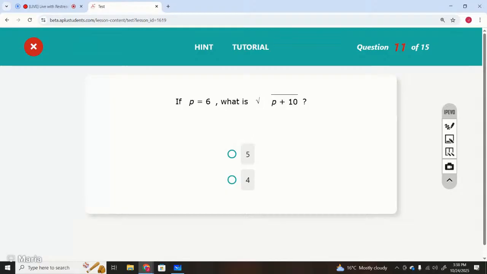That is square root of 16. So option number 2 is the correct option. 4 it is. Option number 1 is the correct option. 8 it is.